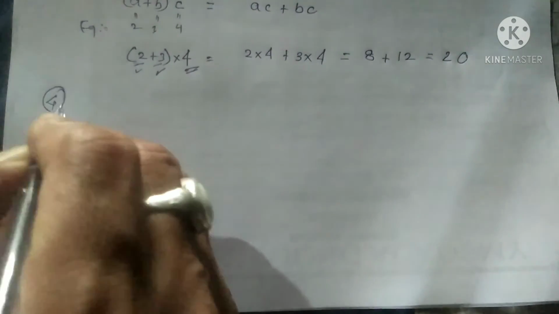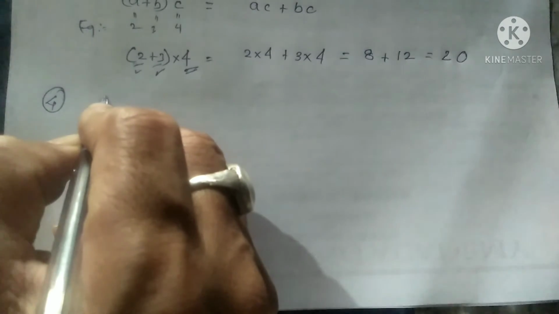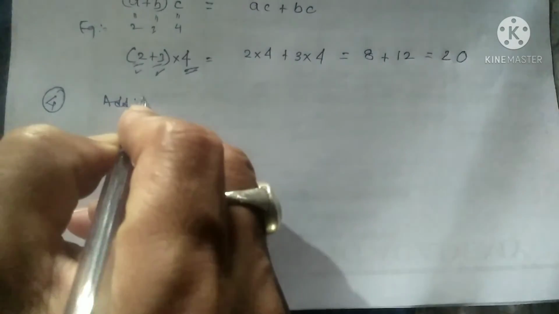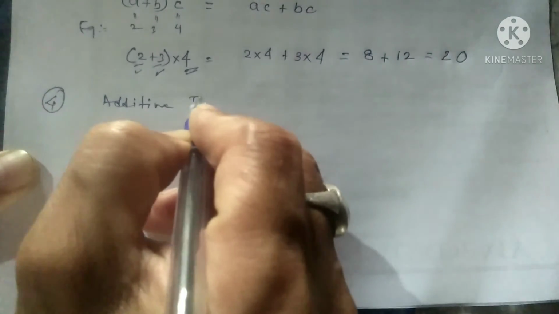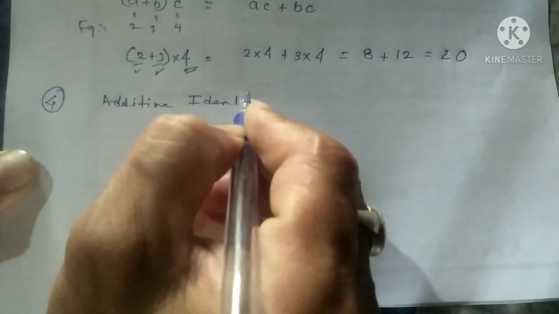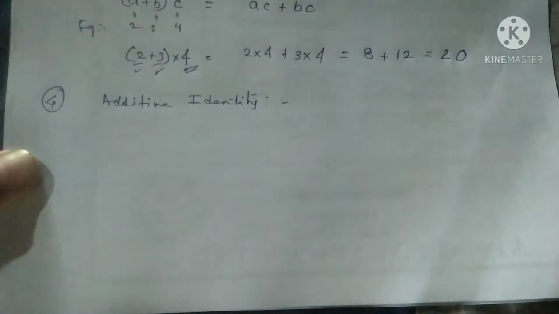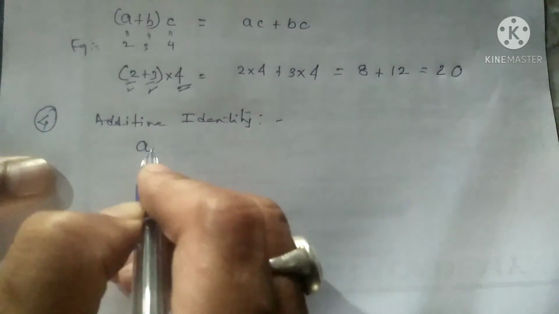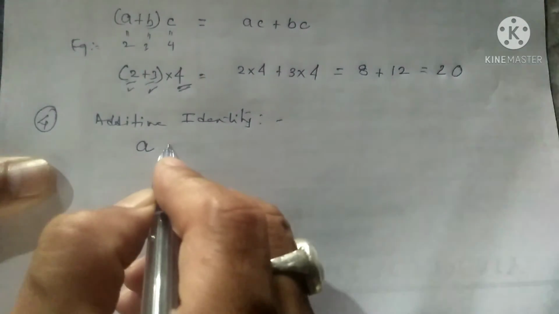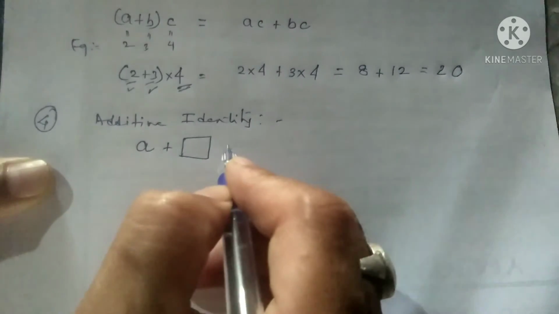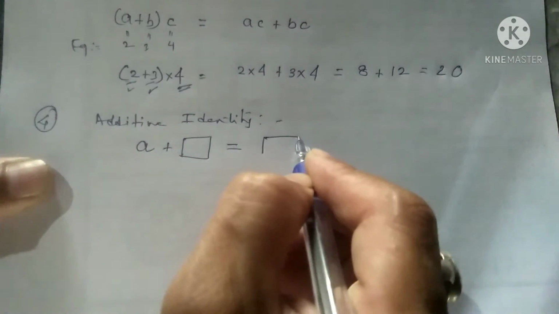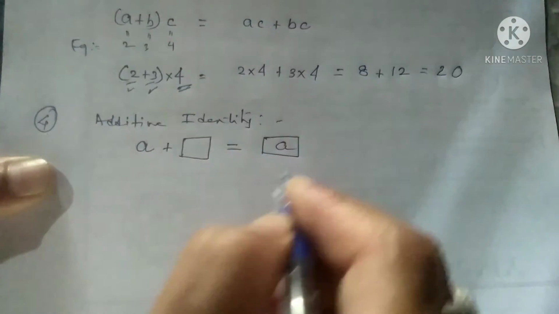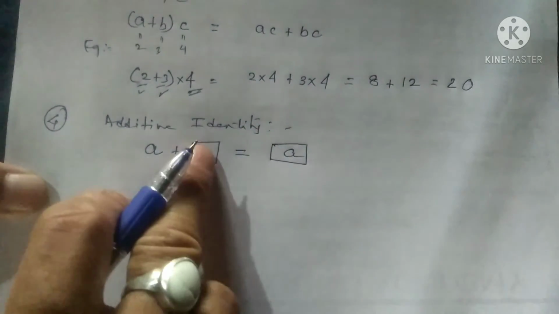The fourth one will be additive identity. So what is additive identity? It means any real number, say A, whenever it is added with some number, the answer is always going to be that real number. So what is this number?